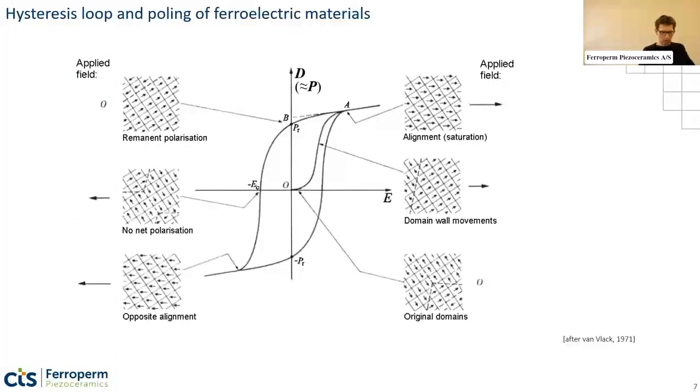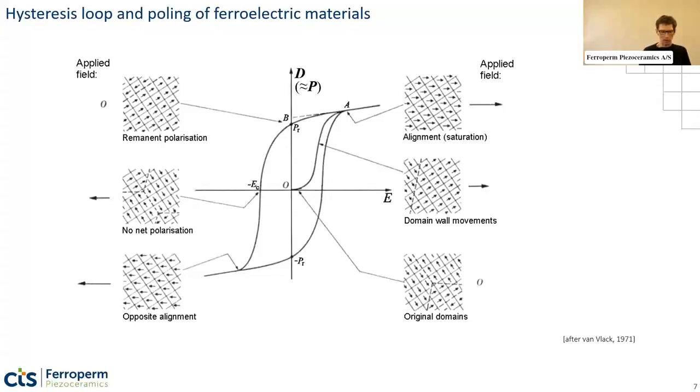Okay, this is what I wanted to show you, the hysteresis loop. So the question, what is our definition of electric displacement, or dielectric displacement, as I would call it? This is actually a measure of the charge density. So it's a charge relative to the area.